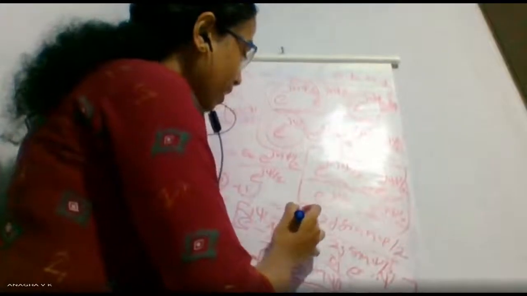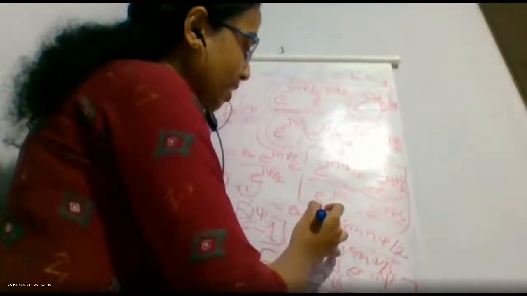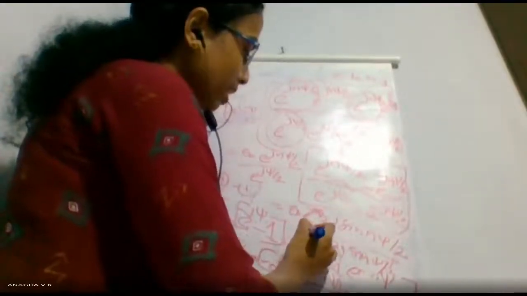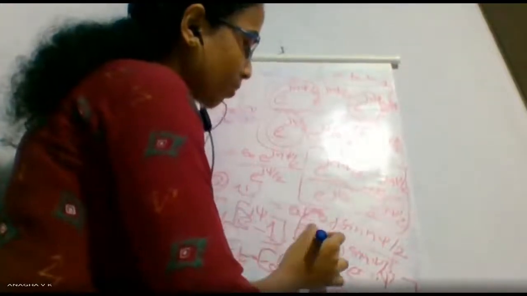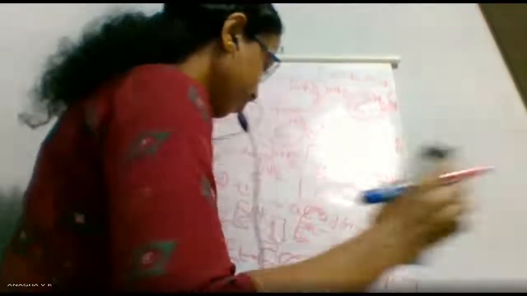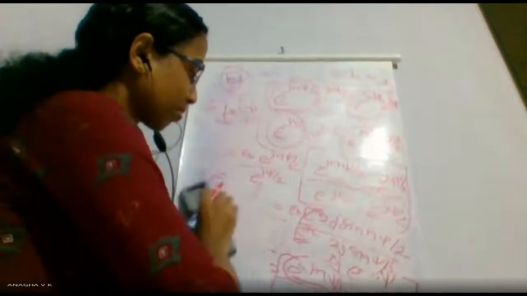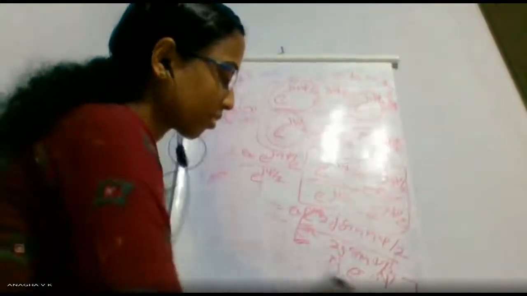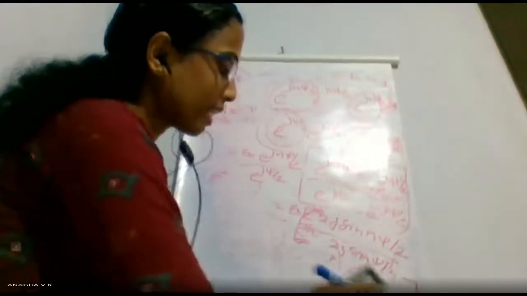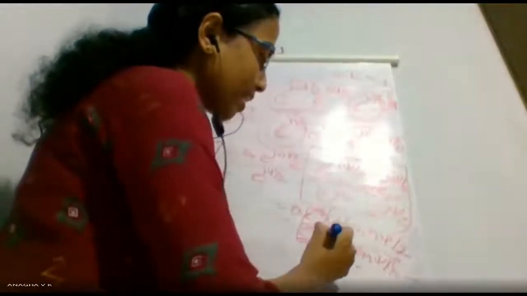Okay. E naught e raised to j n psi by 2 by e raised to j psi by 2. So, what is this equation? 2j and 2j get cancelled.